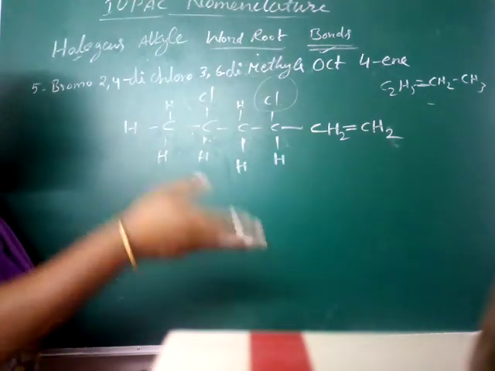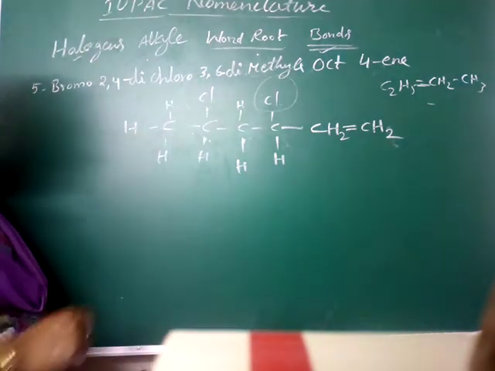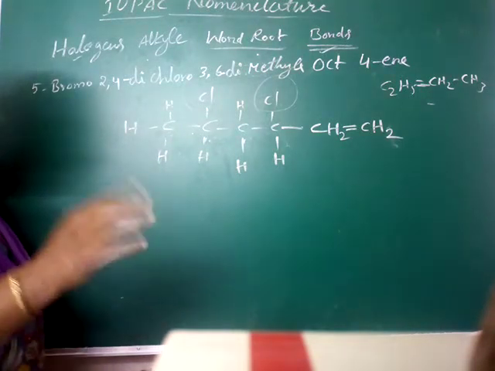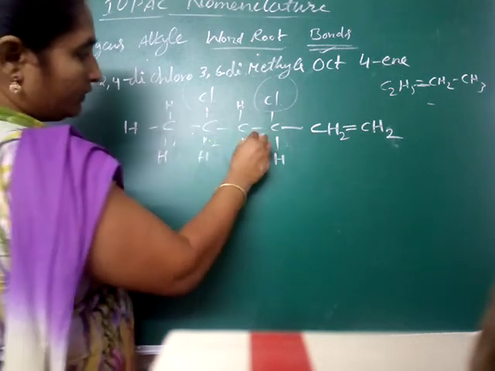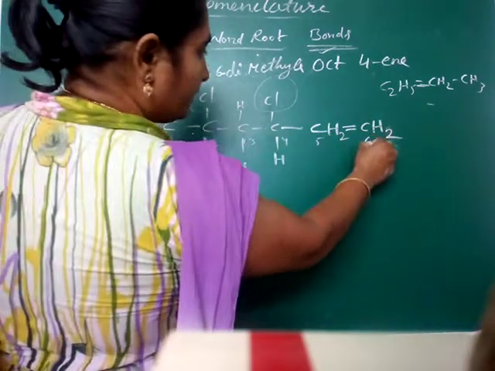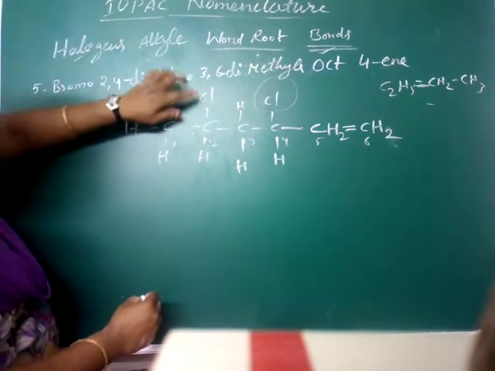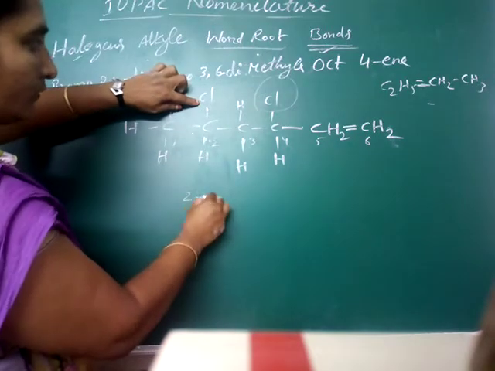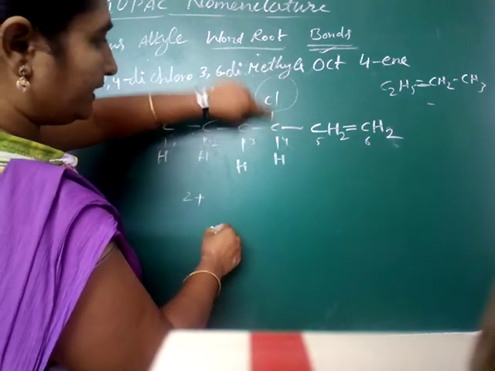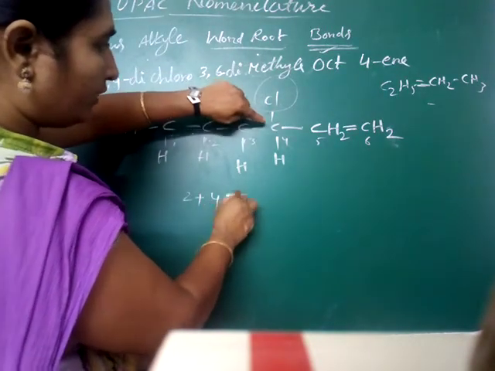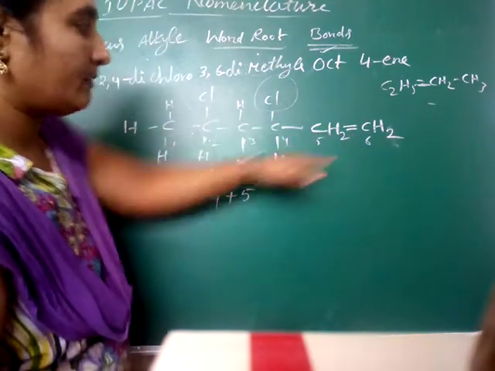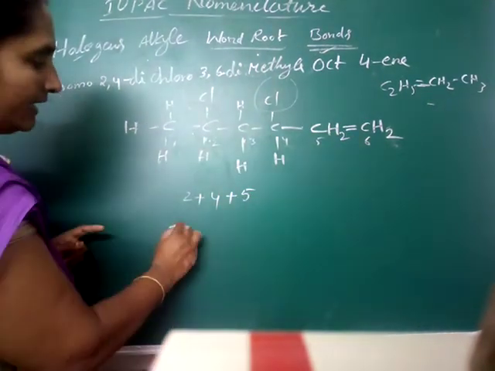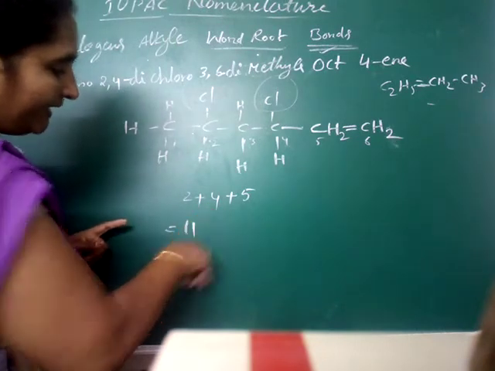Where the branches are present, you have to count the carbon number sum. Suppose you are giving 1, 2, 3, 4, 5, 6. Now you add where the branches are present. Here chlorine is present at 2 and here chlorine is present, that's why 4, plus at the 5th carbon there is a double bond, that's why you have to add these 3. We will get 6 and 11.